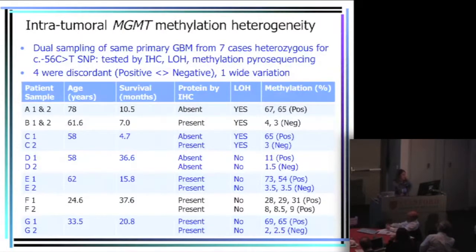However, when we looked at intratumoral MGMT methylation, we did find some heterogeneity, just from 7 cases where we performed all of these tests. So they were heterozygous for the SNP so that we could trace allelic methylation. We tested them by IHC, looked for loss of heterozygosity, and did methylation pyrosequencing and clonal bisulfite sequencing. We found that 4 were discordant, highlighted here in blue, in that one sample of the tumor was methylation positive, another sample of the tumor was methylation negative.